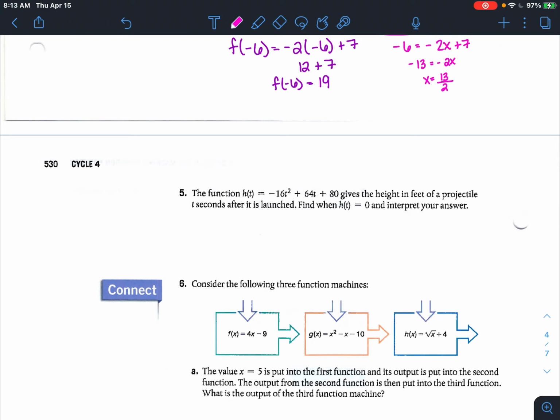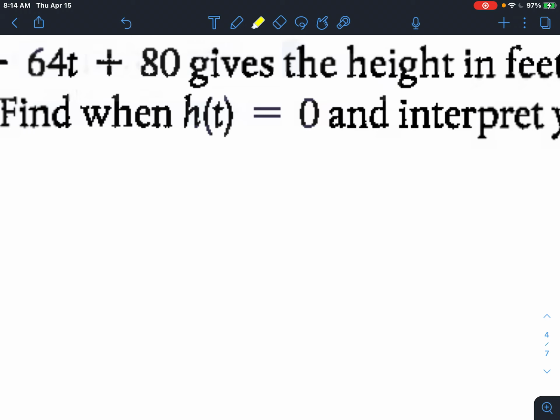For number 5, the function that we just saw, h of t equals negative 16t squared plus 64t plus 80, gives the height in feet of a projectile t seconds after it's launched. Find when h of t equals 0 and interpret your answer. So first, what does this mean?